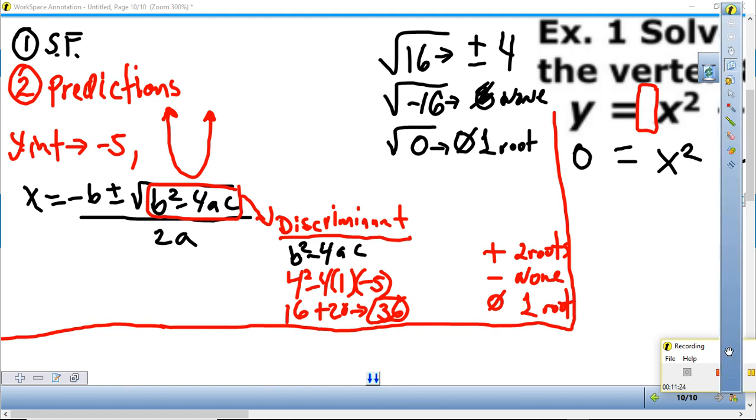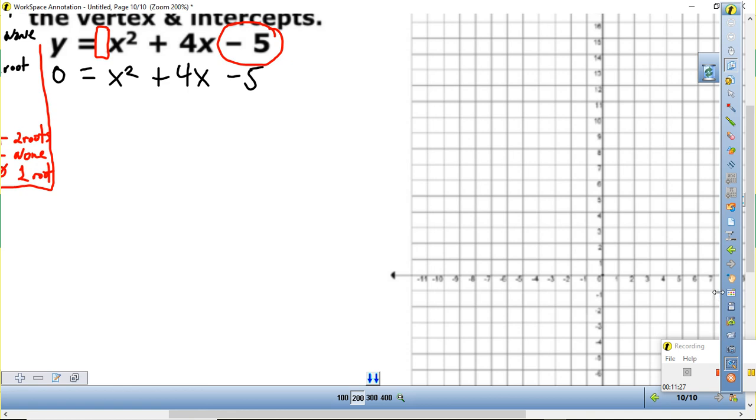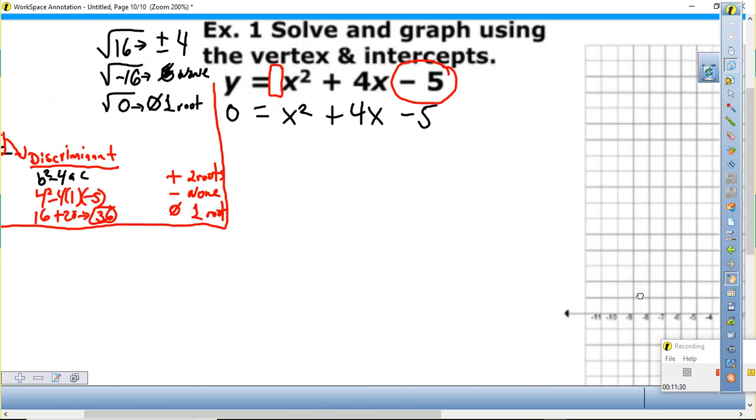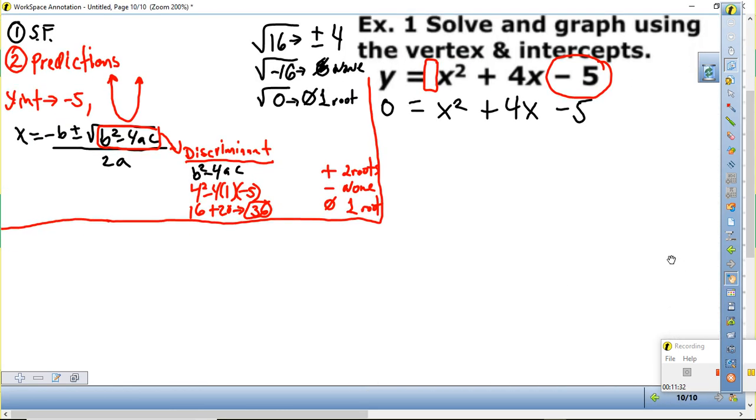So with that said, let me zoom out a little bit. So let's see where we're at so far in regards to what the problem is at hand. It says solve and graph using the vertex and intercept. So I made predictions. So now let's figure out the vertex. And what did we say the vertex was?